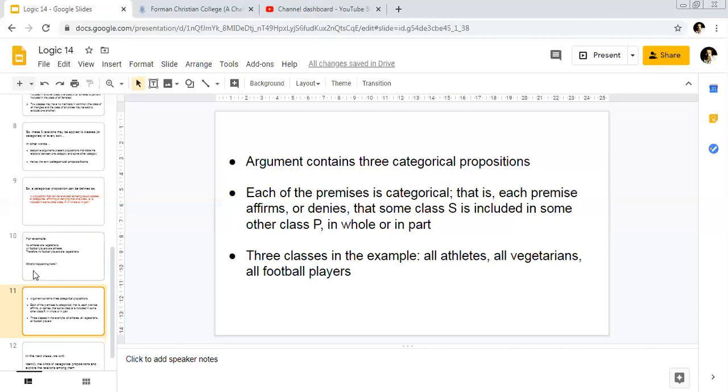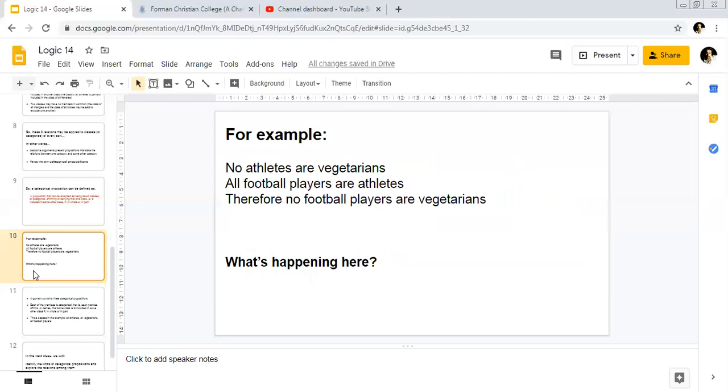So S or P, don't be intimidated by these terms, but what it means is S basically is subject term and P is predicate term. So subject term, I'll talk more about this in the next class, but let's just go with it right now. So subject would be athletes in the first premise, and predicate would be vegetarians.